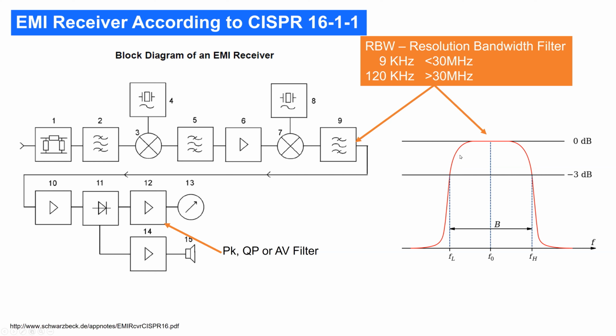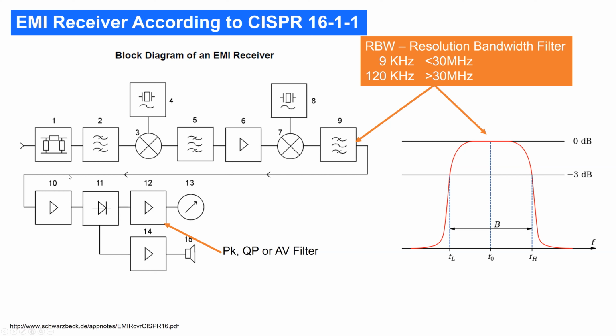So it has a certain shape which is similar to, say, the IF filters of the older radios, because that's what EMI is all about, to look for not to interfere with radios. But that's for the look at what an EMI receiver and spectrum analyzer can do for us. The most important filter is actually the resolution bandwidth or receiver bandwidth filter here.